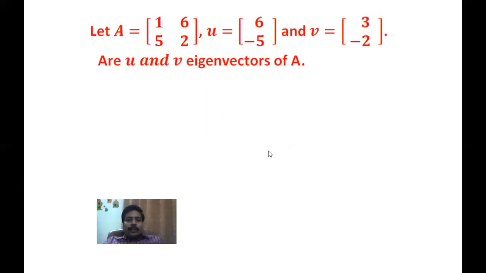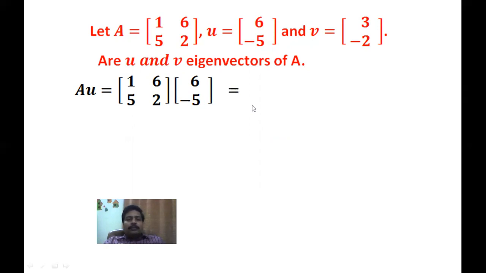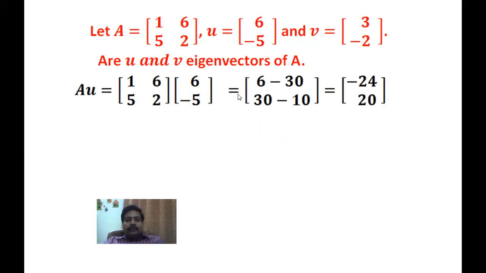So let us multiply A and U first. AU is equal to [[1, 6], [5, 2]] times (6, -5), that is 6 minus 30, which is minus 24, and 5 into 6 is 30 plus 2 into minus 5 is minus 10, so 30 minus 10 is 20.